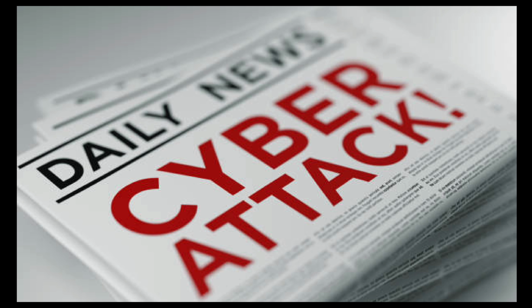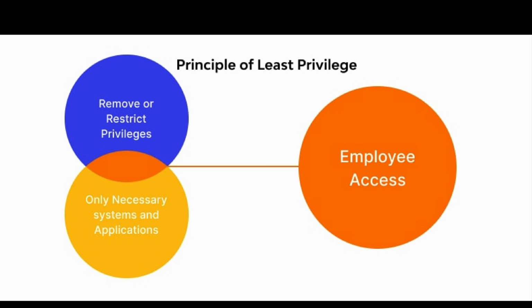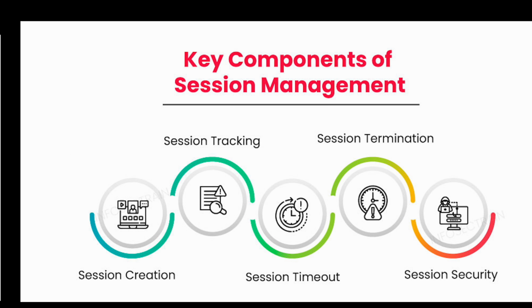Now let's understand how to prevent broken access control. There are a few things that we can do to control it. First is enforce least privilege. Give every user only the access they absolutely need. No more, no less. This will help prevent unauthorized access to private data.